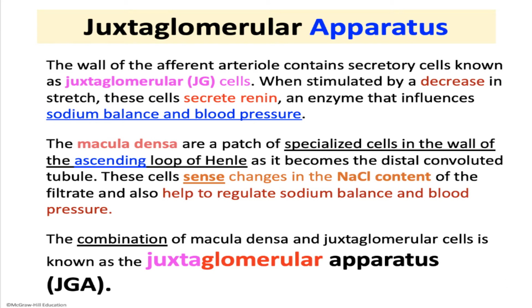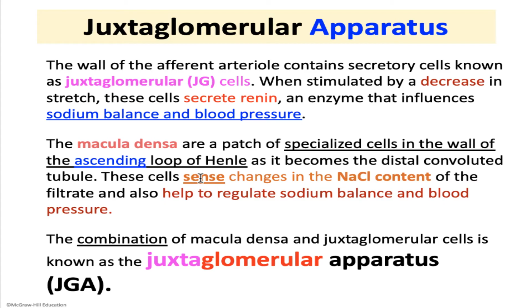But wait, there's more. There's another set of cells which don't belong to the afferent arteriole. They actually belong to part of the nephron. As the ascending loop of Henle makes a turn and becomes the distal convoluted tubule, in that region there's a few cells known as the macula densa.